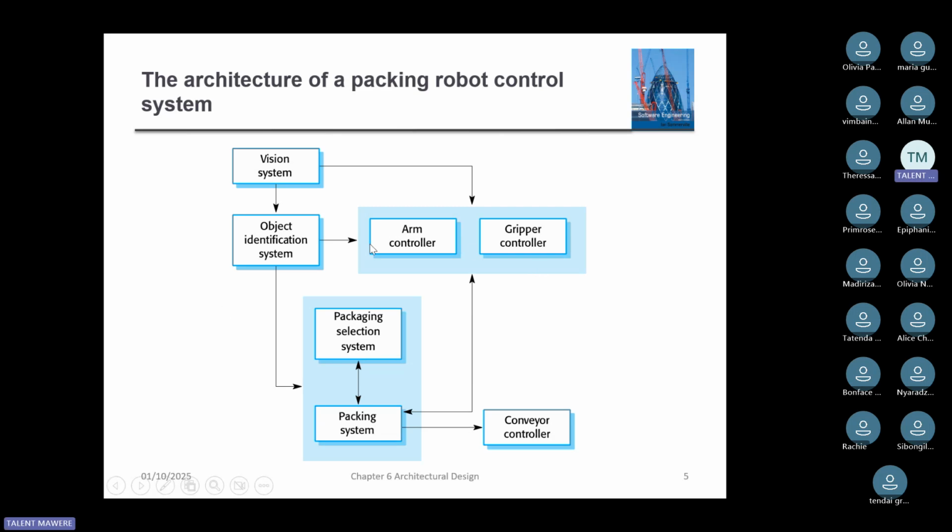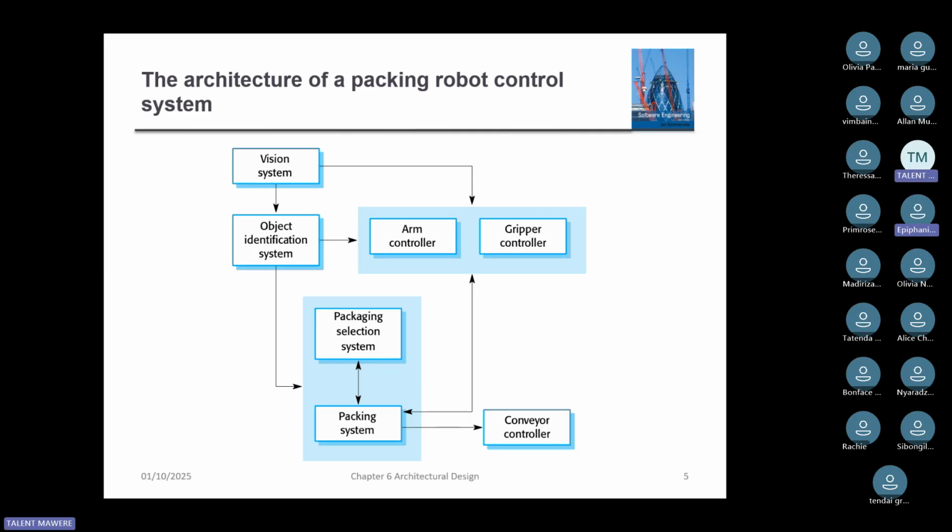Once the object has been identified, it is placed in the correct package. Once it has been placed in the correct package, it is then placed on the conveyor belt so that it moves along the chain. So here I was just trying to model the architecture of a packing robot control system.